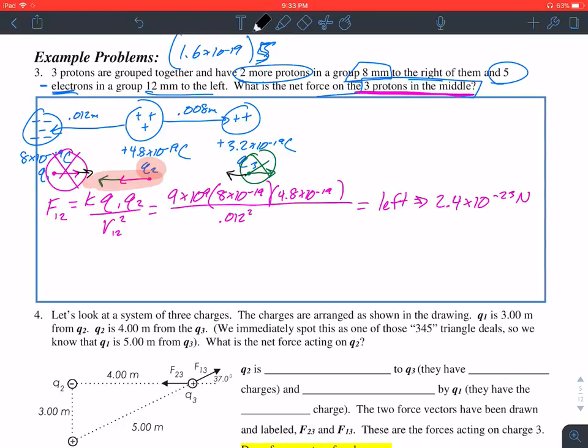So we want to find the force between charge 2 and 3.